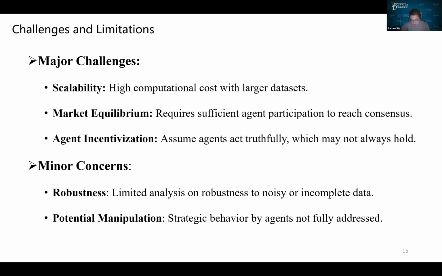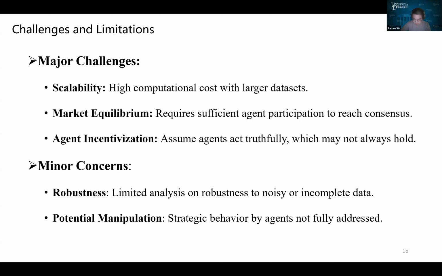This method has its limitations. Scalability is a major concern. As I mentioned before, the computational overhead will rise with larger datasets. This is something we will need to address for broader application.